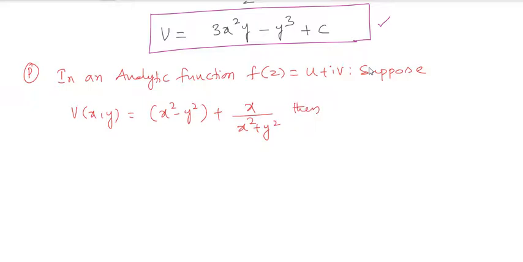Then it's a harmonic conjugate. Then its harmonic conjugate u of x comma y is.